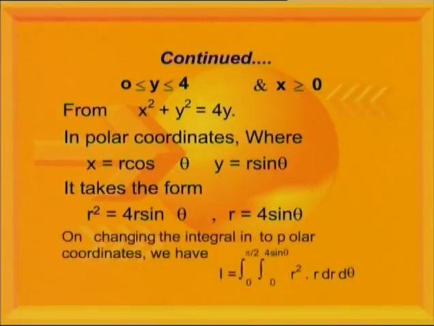So our integral becomes the integral of r square into r dr d theta, r from 0 to 4 sin theta and theta from 0 to pi by 2. So we are integrating r cube.